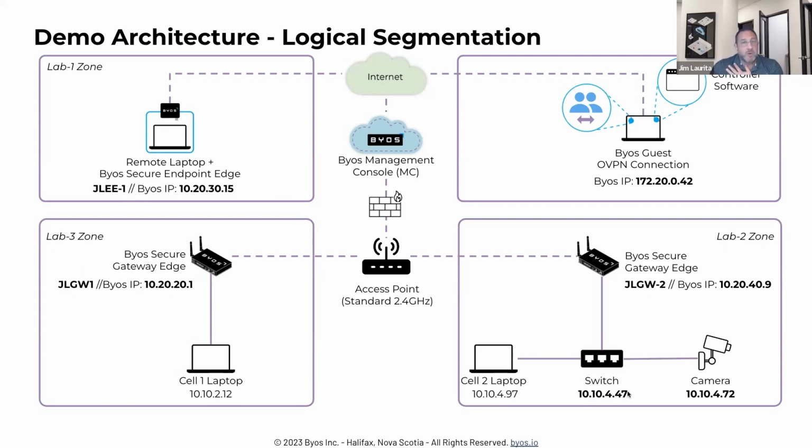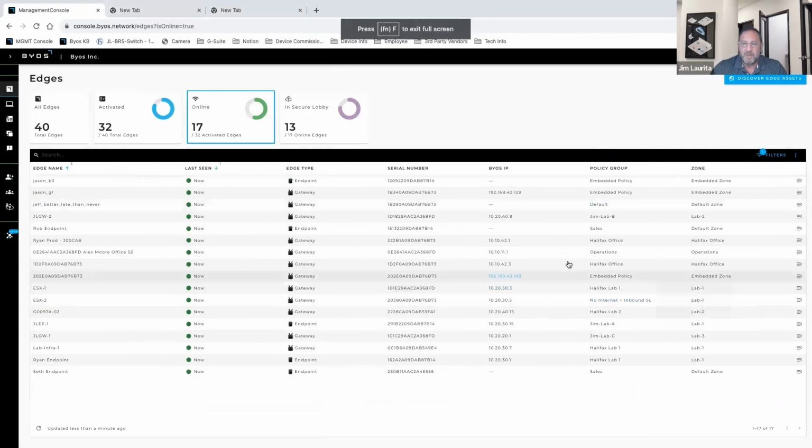Think switching and routing, layer 2 and layer 3. What I need to do, in essence, is talk to the BIOS IP, that secure lobby address of 10.20.40.9. So hold those thoughts in your minds, and I'm going to jump into the management console now and show you how this works.